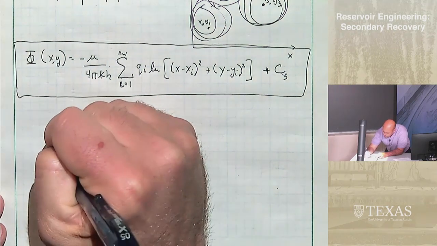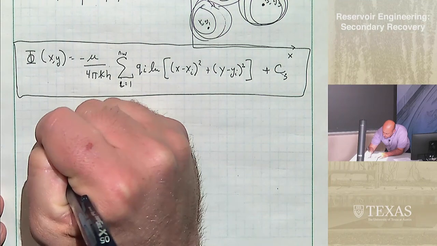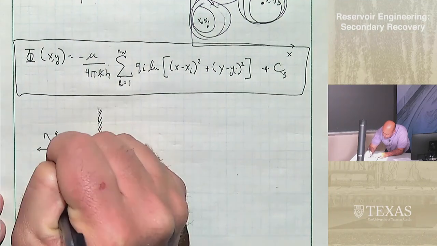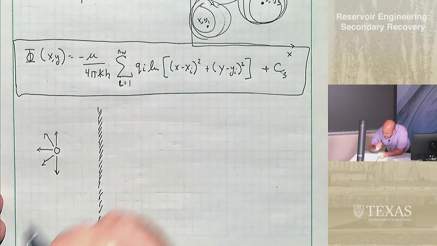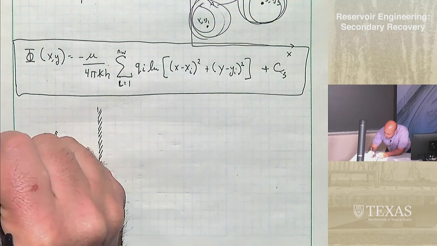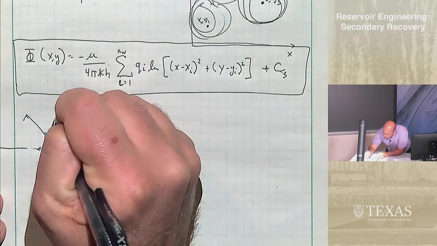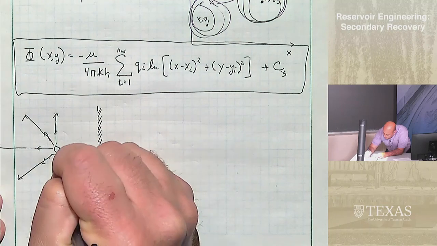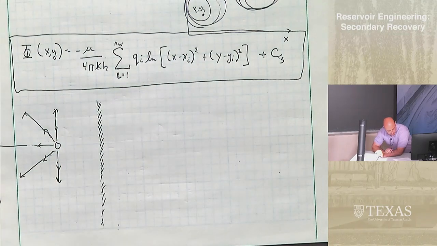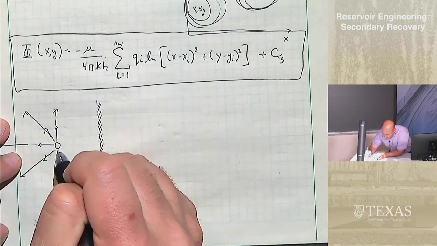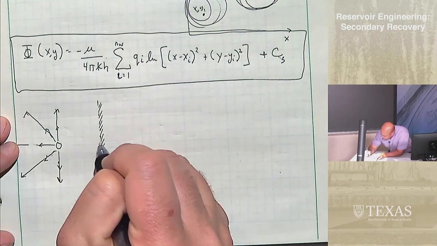Well, you can imagine that if you were to inject fluid, fluid would start coming out radially, right? And it keeps on going out. But what does it do in this direction?